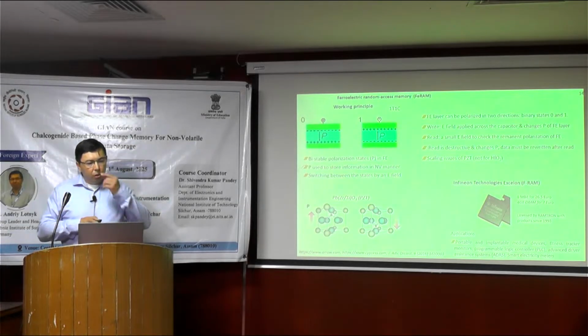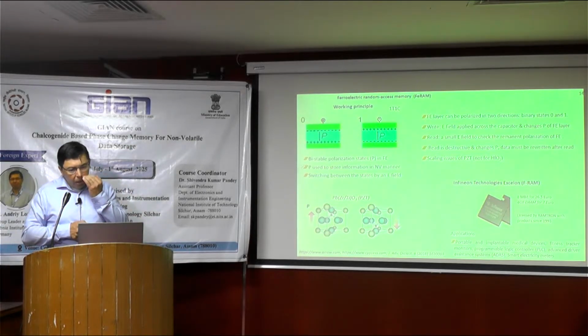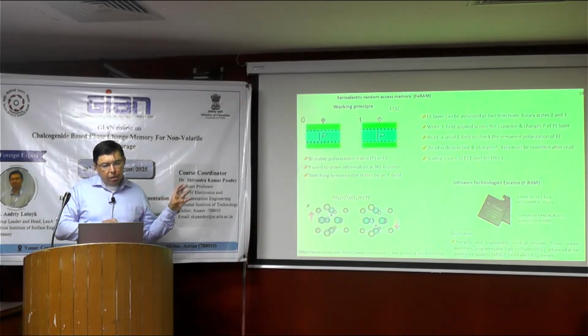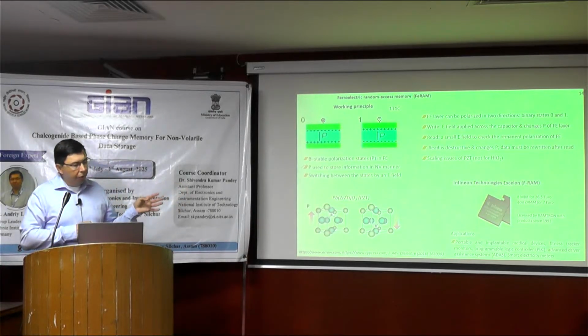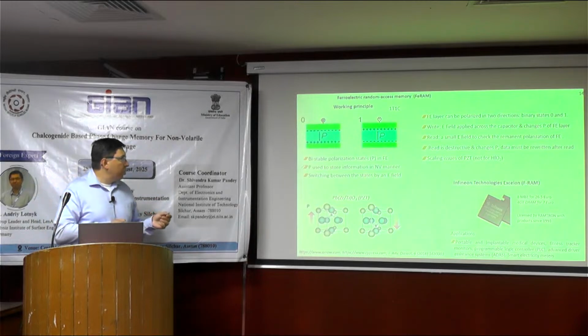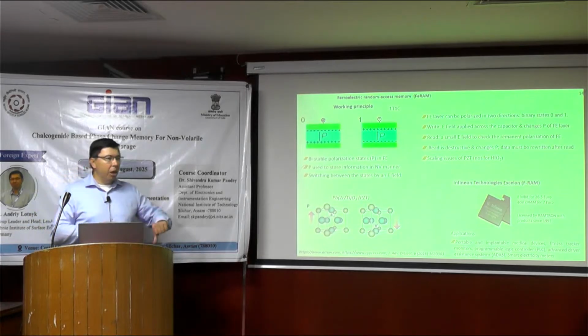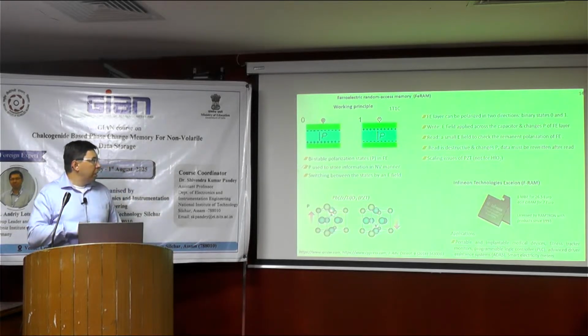Now let us consider ferroelectric random access memory. Here the device is based on the effect of ferroelectricity. So here we use a ferroelectric layer which can change its polarization up and down. One example is lead zirconium titanate, simply PZT, and these materials can change their polarization by application of an external field.